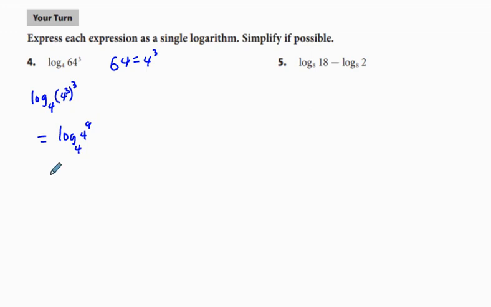And then we can take this 9 out front. It's going to be equal to 9 log base 4 of 4, and log base 4 of 4 is 1. So our answer to this one here is 9.